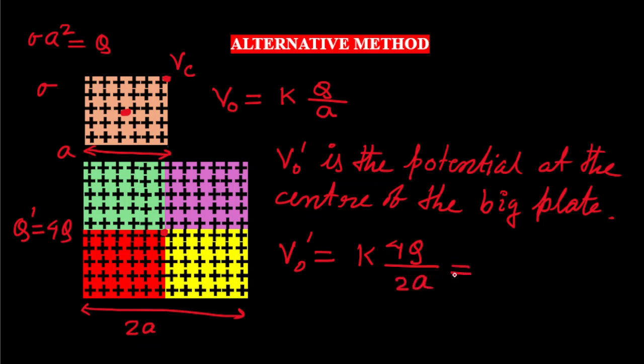And according to the superposition principle of potential, this potential will be equal to the potential at the corner due to these 4 plates. Look at the center of the big square, which is exactly a corner of 4 identical plates.